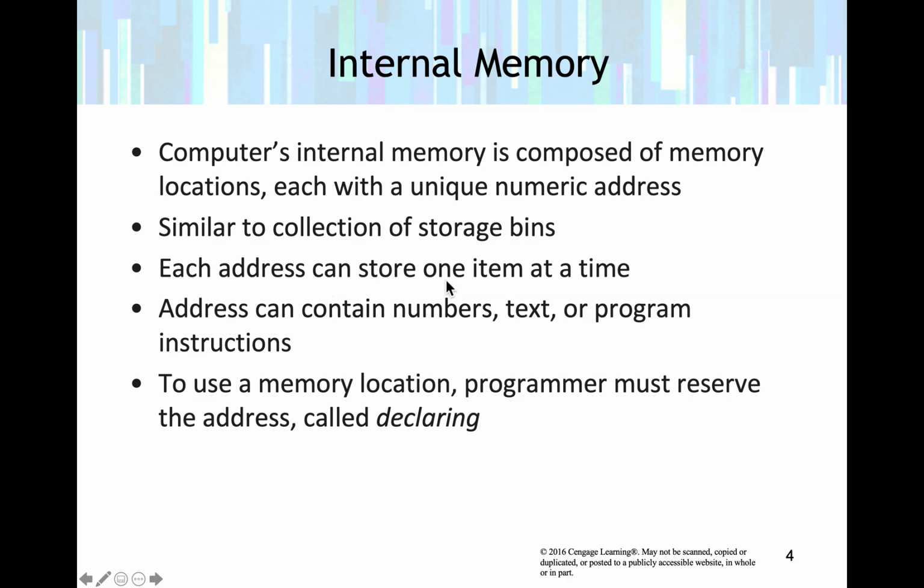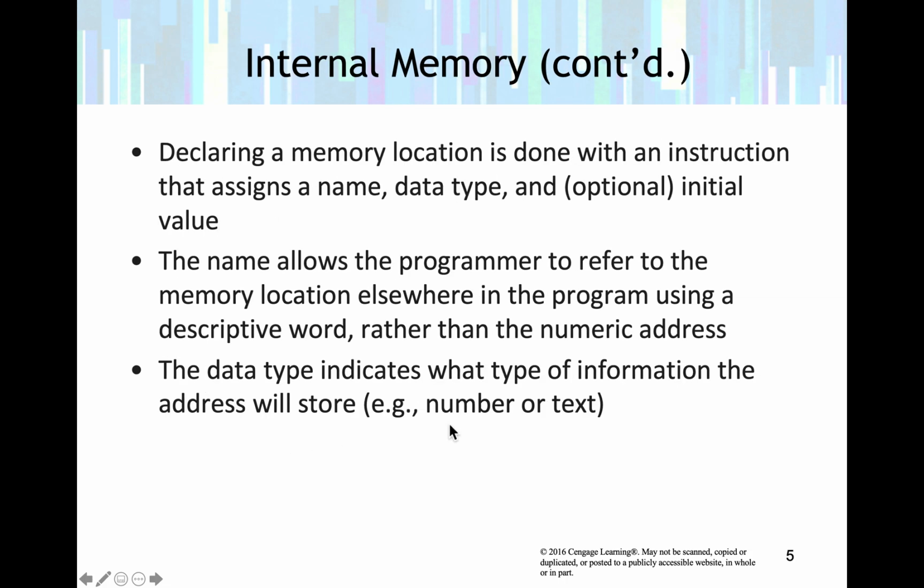Each address can store one item at a time. An address can contain numbers, text, or program instructions. To use a memory location, a programmer must reserve the address, called declaring.